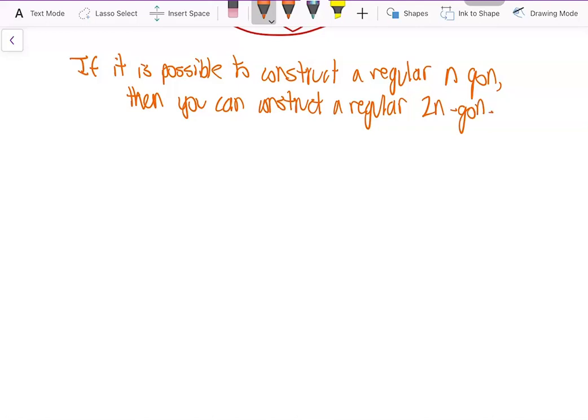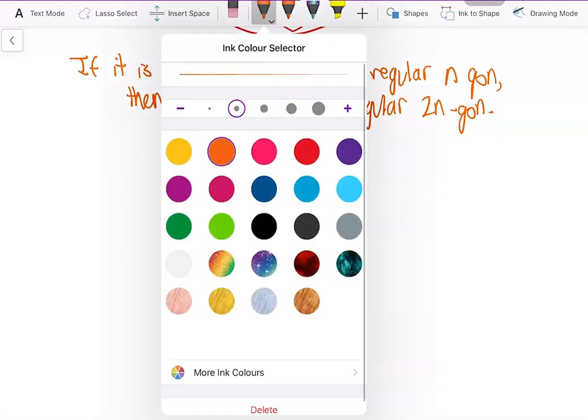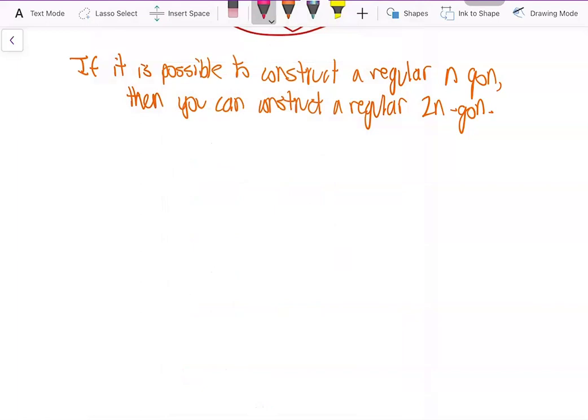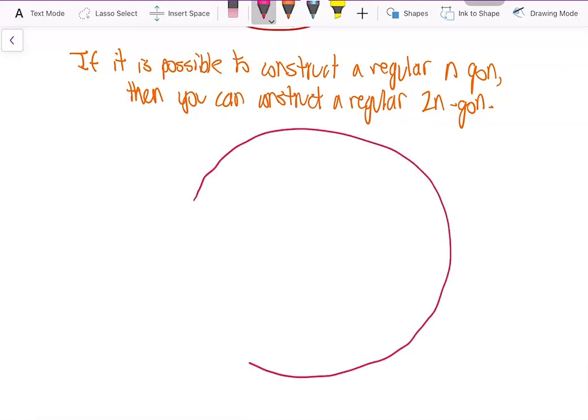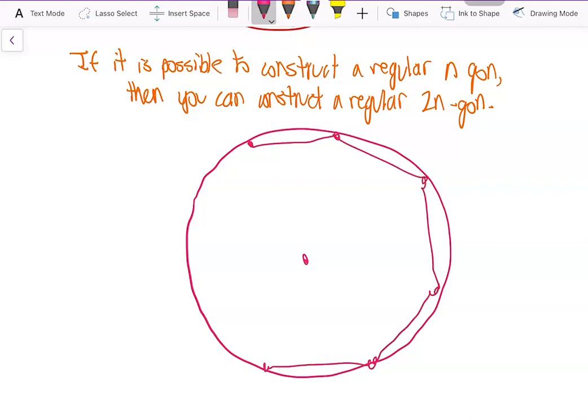This is an interesting theorem. The reason is, if it's possible to construct a regular n-gon, you can start by constructing that n-gon. So you could start by drawing your regular n-gon.